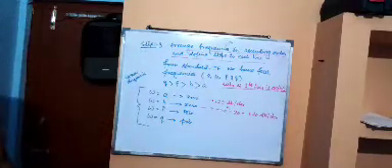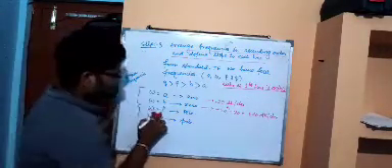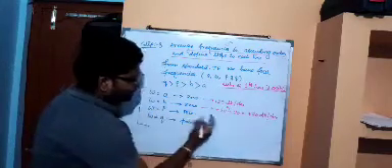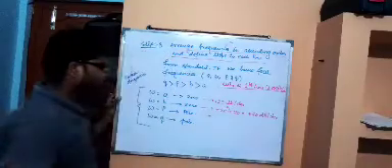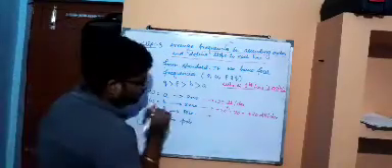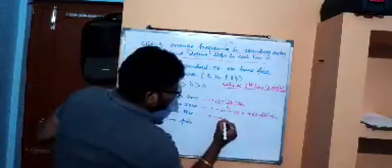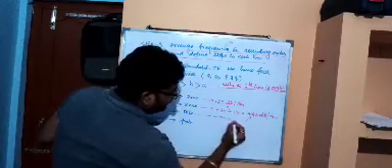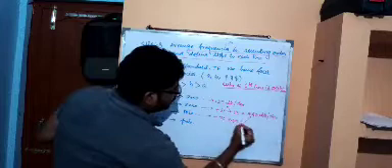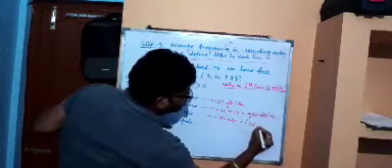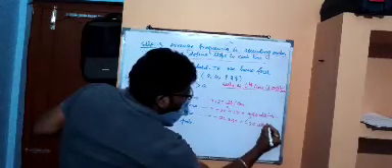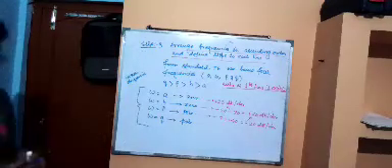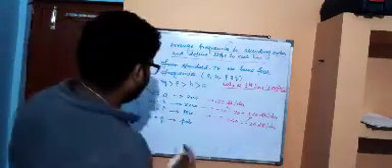Now similarly for omega equal to p, one pole is there. For a pole the slope will be minus 20, and this 40 will be added over here. So plus 40 minus 20 is equal to plus 20 dB per decade.